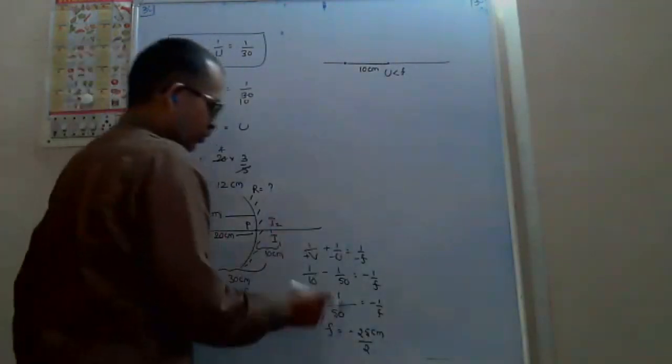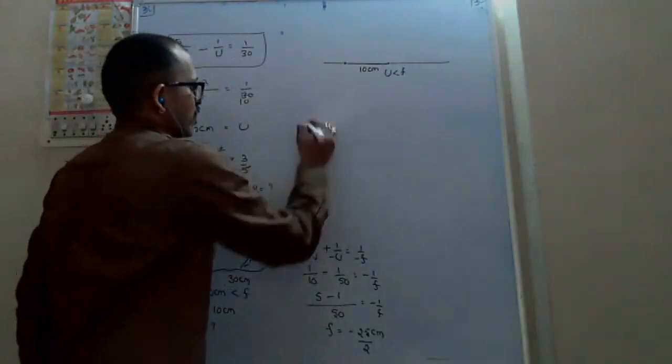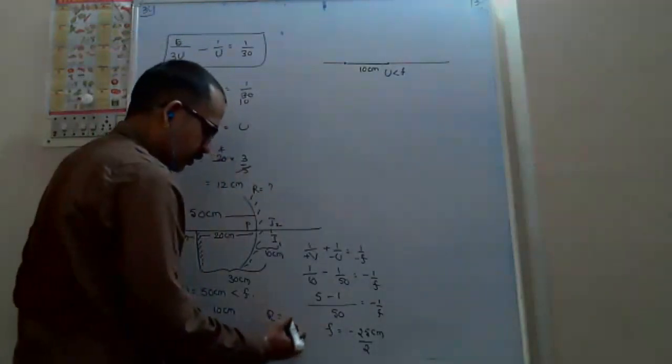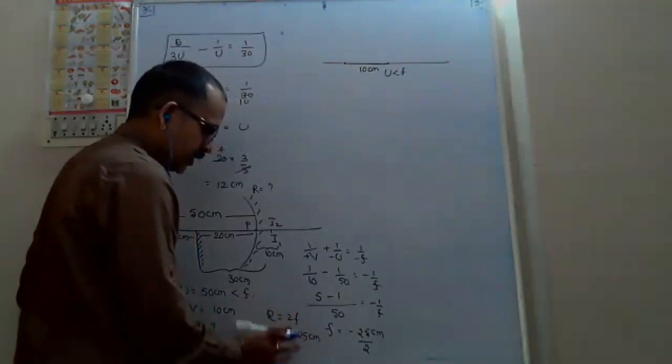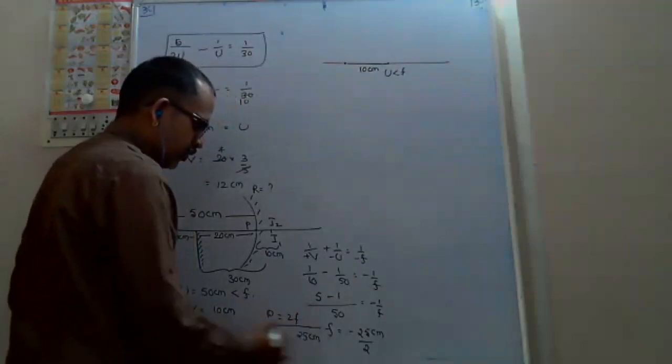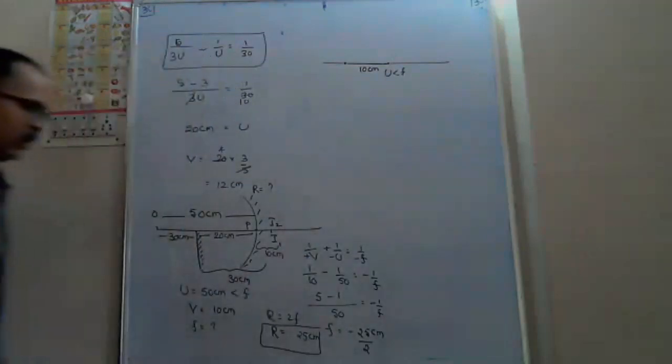So what will be the focal length? You're right. So by substituting all the values here, the radius of curvature finally you got equals 2f. That is, without sign conventions, radius of curvature equals 25 centimeters. Very good. So understood, Nana?